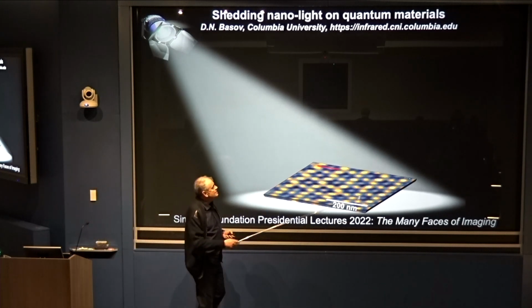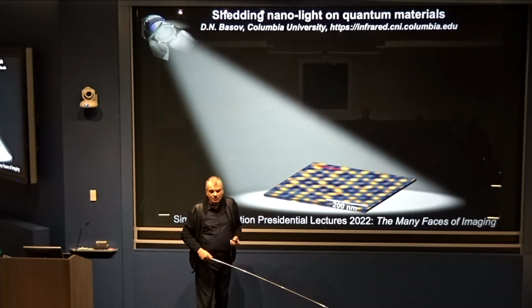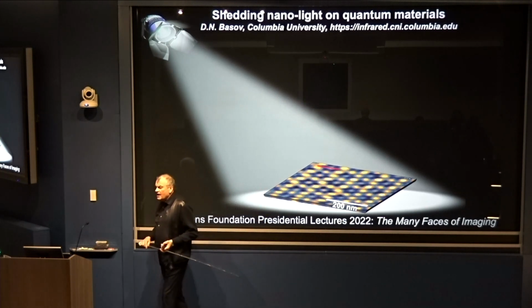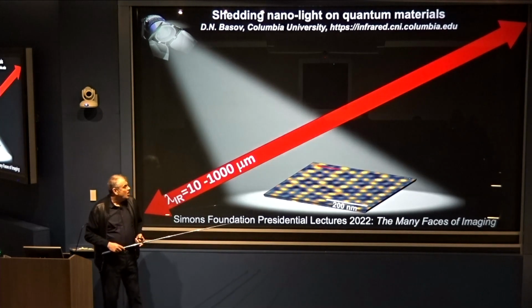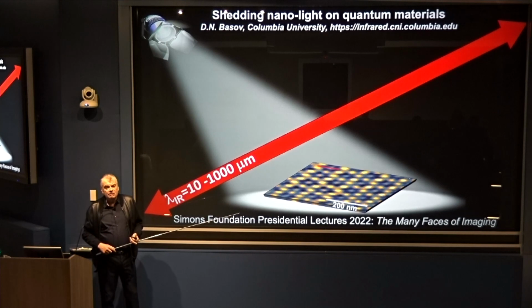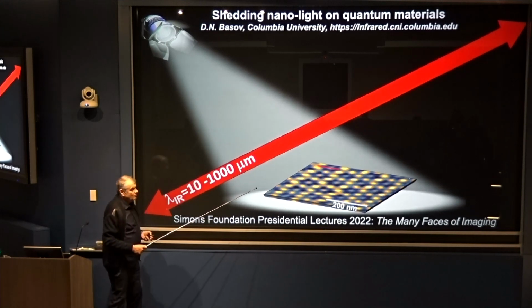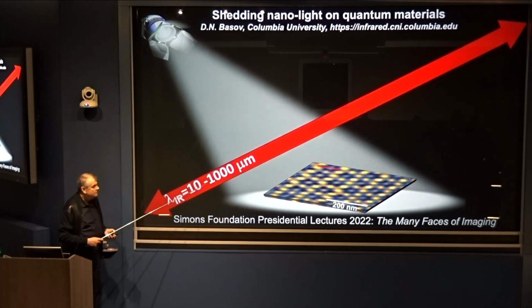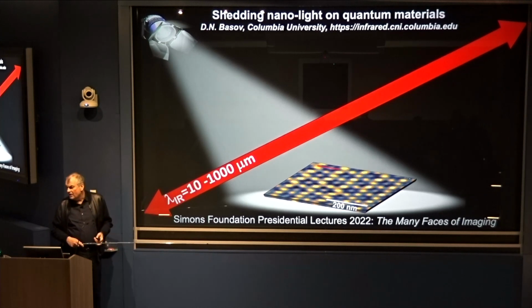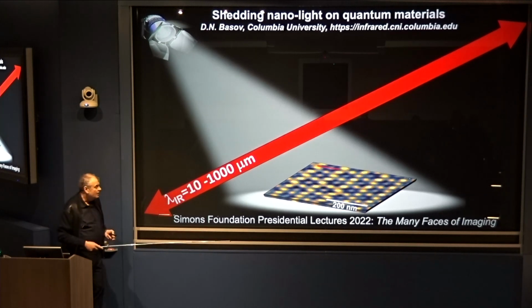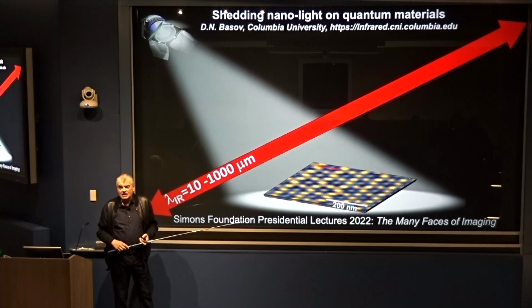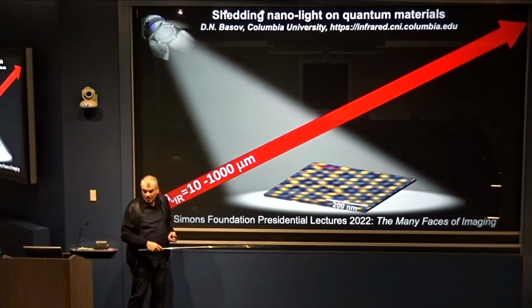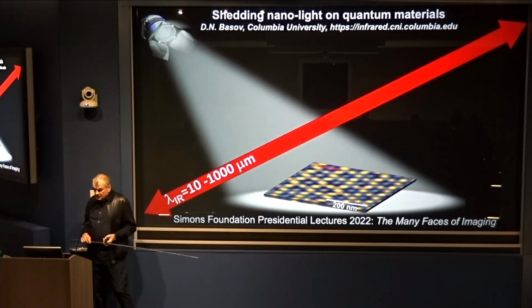New interesting effects, in particular quantum effects in materials, often occur at length scales much shorter than the wavelength of light. The problem is particularly acute in the infrared range, where the wavelength of light could be 10, 100, or maybe even 1,000 microns long, whereas the features that we are trying to resolve in our experiments are usually smaller, could be on the nanometer scale.